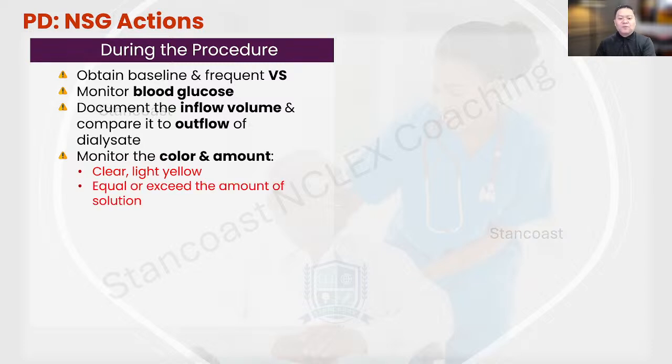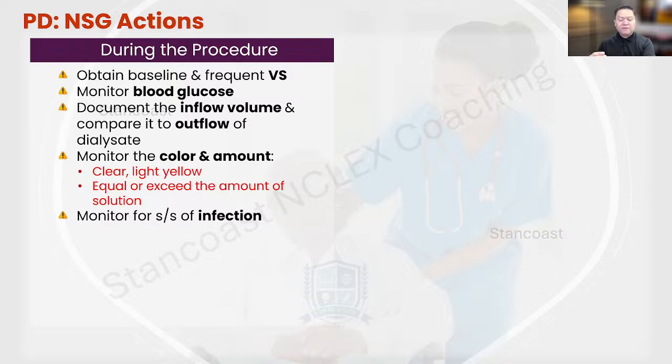Now, of course, you're also going to look out for any signs of trouble, right? So another very important element here is to make sure we are looking for cloudy or bloody dialysate, or fever. This is something that is commonly asked in NCLEX. How are you going to determine if your patient is safe to go through with a PD?